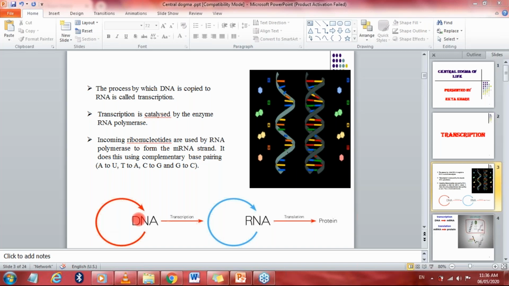Now this central dogma illustrates the flow of genetic information in the cell: first DNA replication, as I told you in yesterday's class, and then the coding for RNA, the genetic codon.